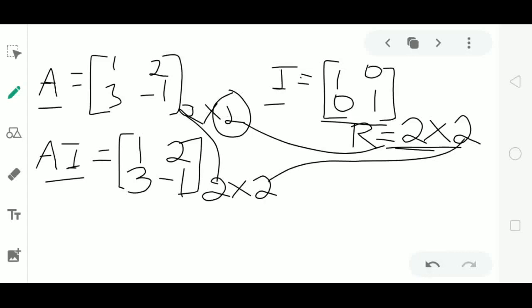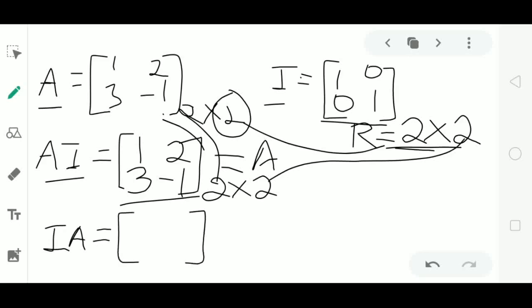Now observe here, the matrix AI is the same as matrix A. So matrix AI is equal to matrix A. Again, let us find the matrix IA, that is the product of the matrices I and A. To define this product, again the condition for multiplication is that the number of columns of I must be equal to the number of rows of A. Here the number of columns of I is 2.